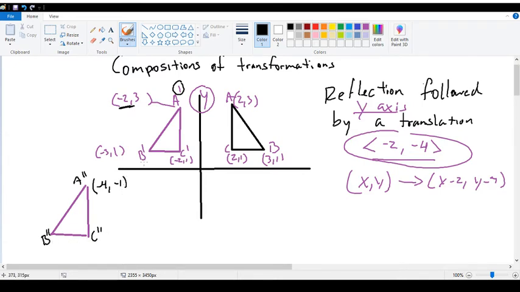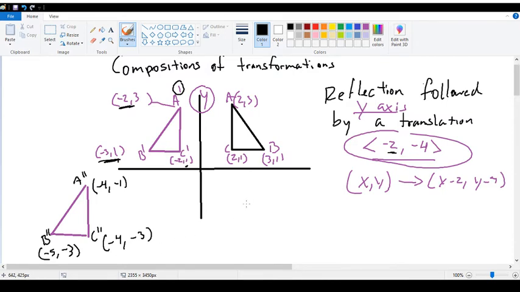The B prime is -3, 1, so if I go to the left 2, that becomes -5. And if I go down -4, that's -3. C prime is -2, 1, so if I go -2 minus 2, that's -4. And then I have 1 minus 4, which is -3.